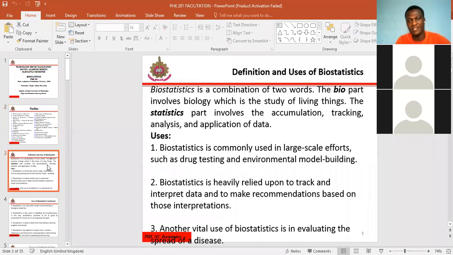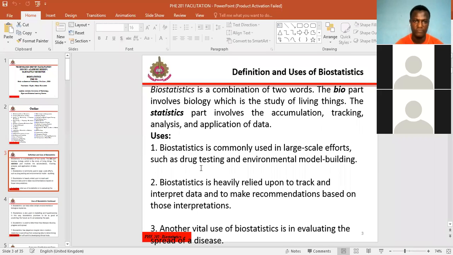Now, what is biostatistics? Generally, the word statistics is not something that we are not familiar with. Even as far back as when we were still in junior classes, even in our primary school days, the word statistics has been there, and so it is even as of this moment.